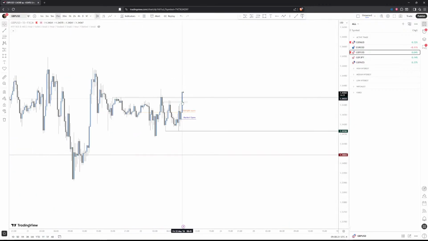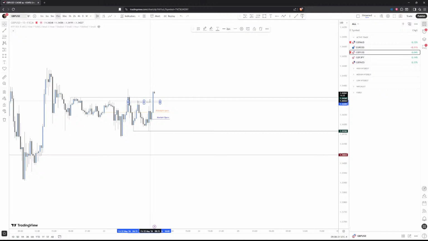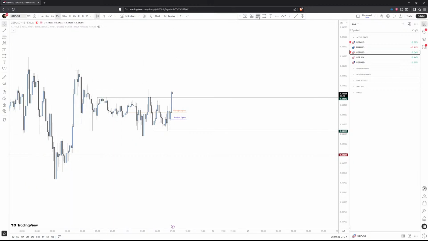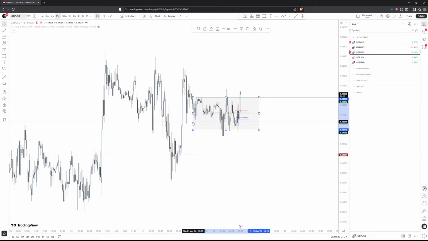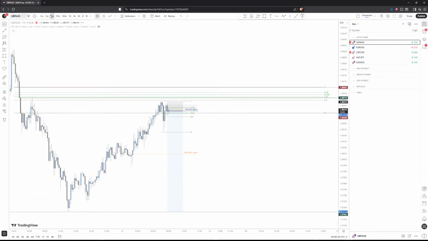Okay, so on the hourly open, it looks like we're taking out this liquidity up here. It's been accumulating, so there is a little bit of a range from here to here. Swept equal lows, swept. This could be a start of a big move, but who knows the direction?